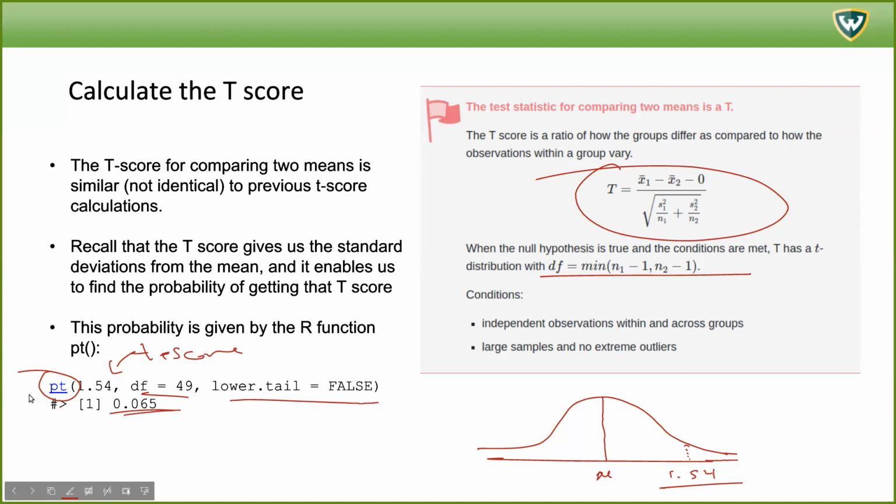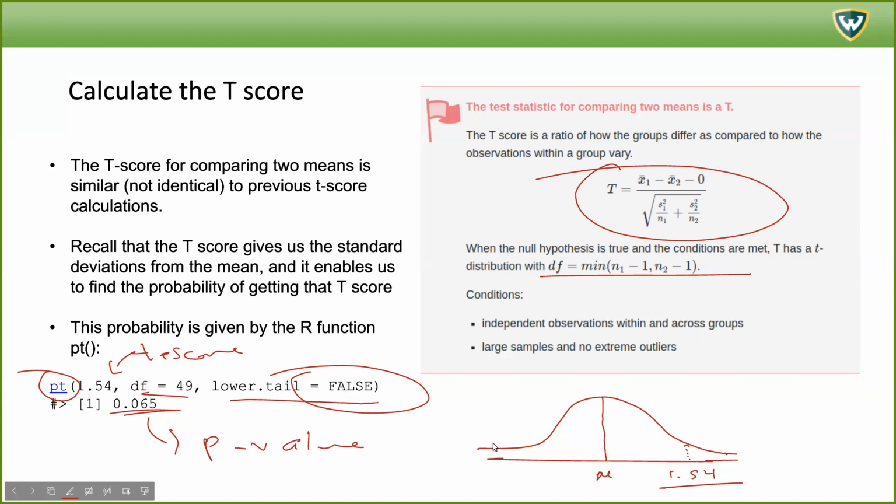The other approach would be to subtract whatever result we have from one. But because we changed this parameter to false, the result we get is the p-value. So that's what the pt function gives. It always gives us the p-value, the probability value of this t-score, given a particular degrees of freedom. And just remember that trick. If we have a positive t-score, you want to make sure that the lower.tail parameter equals false.